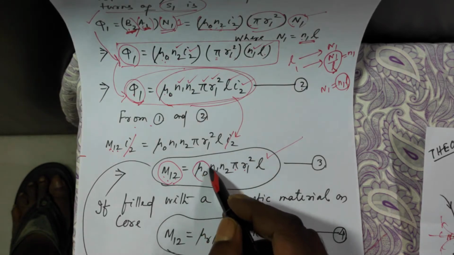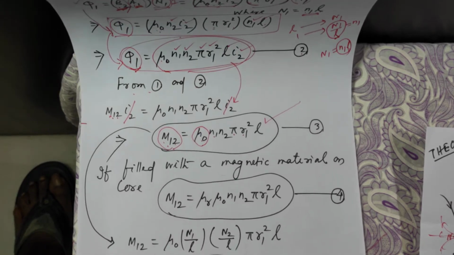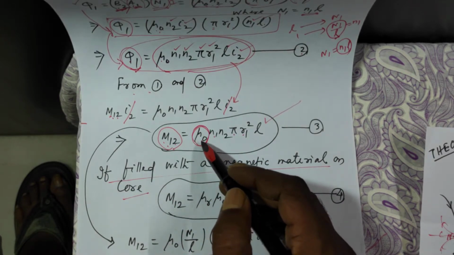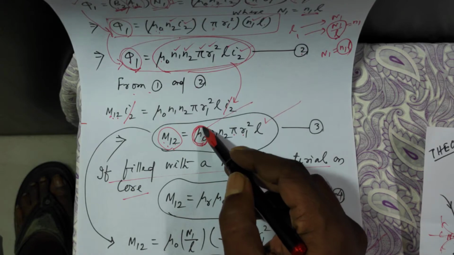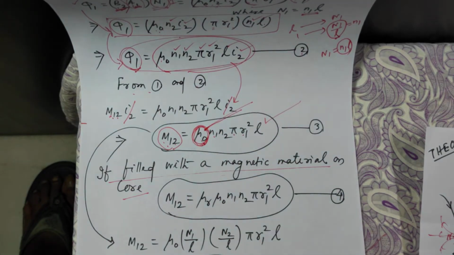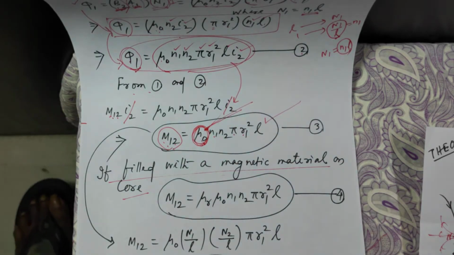Now mu naught means inside both the solenoids there is air. If it is filled with a magnetic material, this has to be replaced. This is called permeability of a vacuum. We will study about this in magnetism. Like permittivity in electrostatics, relative permittivity. Similarly in magnetism we have permeability. This is called permeability of vacuum.